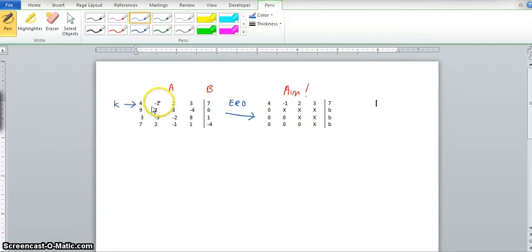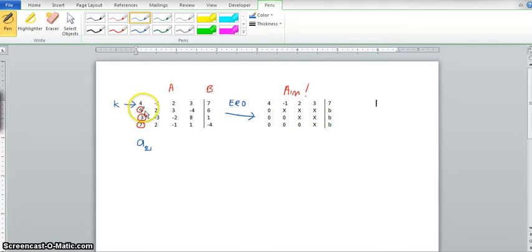So we want to have 0, 0 and 0. So we want to get A21.